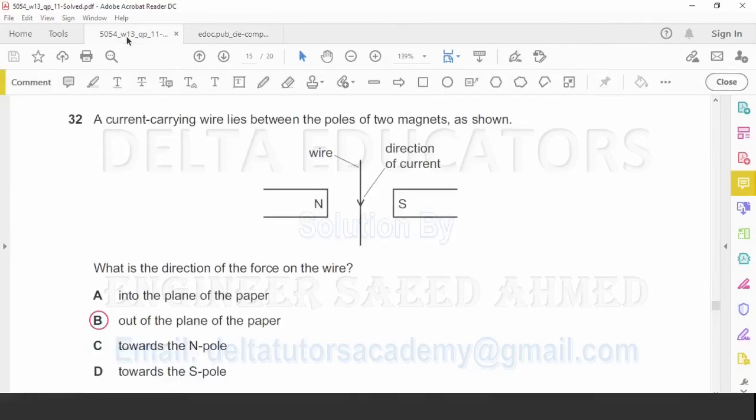Now here direction of the magnetic field is given, it is from left to right, direction of the current is in downward direction. Now by taking the help of Fleming's left hand rule, we can calculate the direction of the force, and the direction of the force will be out of plane of the paper. Out of plane of the paper is given here in option B. So our correct option is option B.